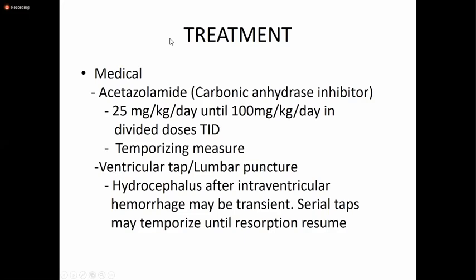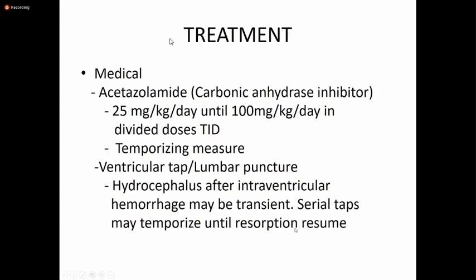Another temporizing measure is, in certain selected cases, you can do the ventricular tap or lumbar puncture. Particularly if there is hydrocephalus secondary to the intraventricular hemorrhage, you can do the lumbar puncture depending on the CT scan findings, and you drain the CSF, which is filled with blood, and once the blood stained CSF is removed, the proteins of the CSF come down, and then CSF starts getting absorbed.